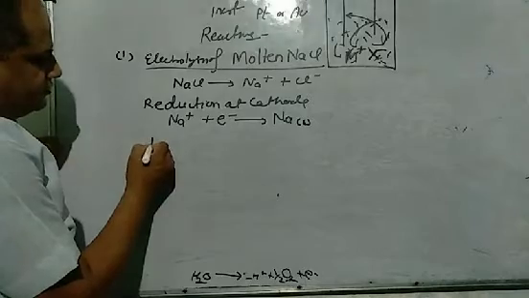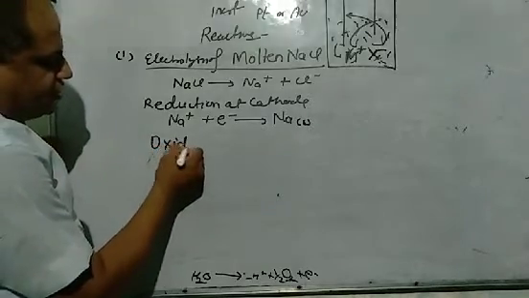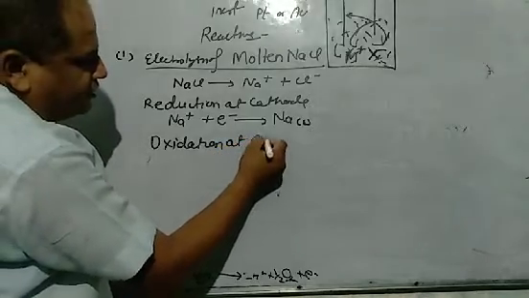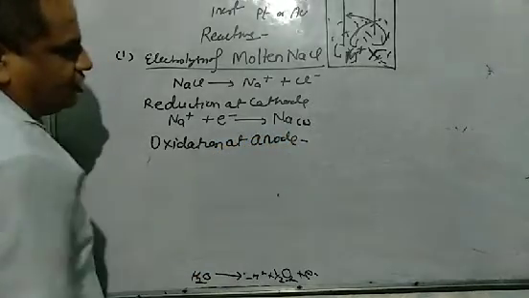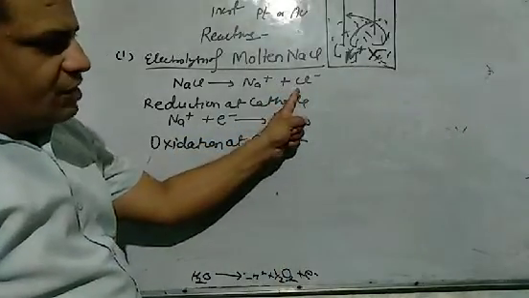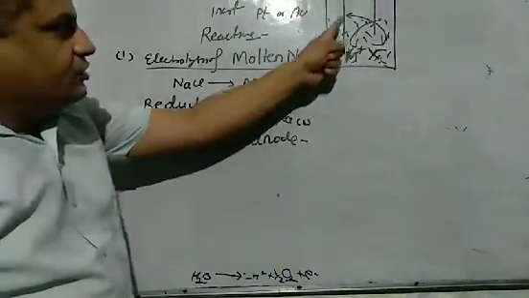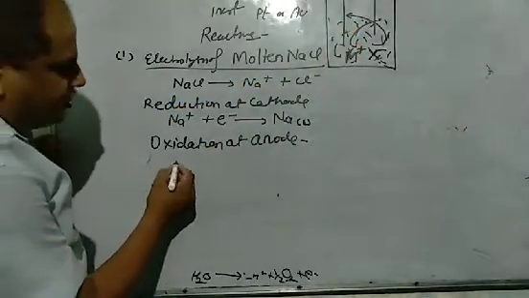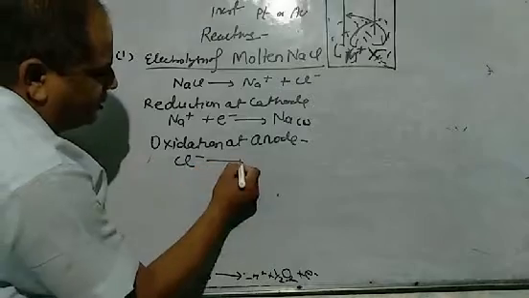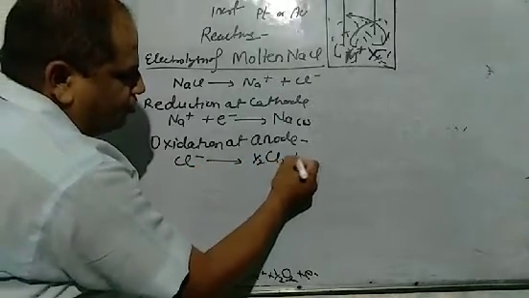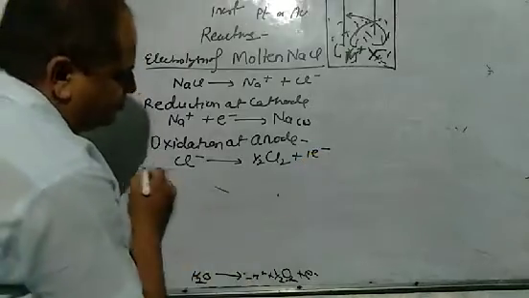Whereas the oxidation reaction occurs at the anode, in which the anion, Cl- ion, moves toward the anode and gets oxidized by losing an electron: Cl- gives half Cl2 plus 1 electron.